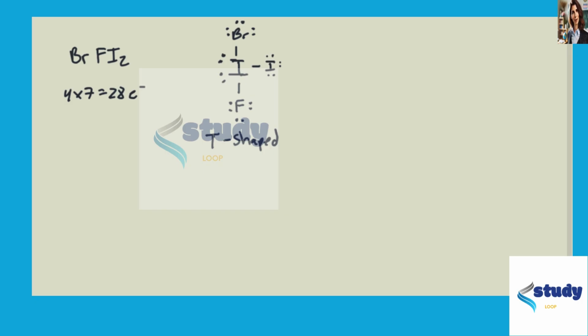Another way this could be drawn would be like this. And this is again derived from trigonal bipyramidal, but it actually ends up looking like trigonal planar without considering the electron pairs.